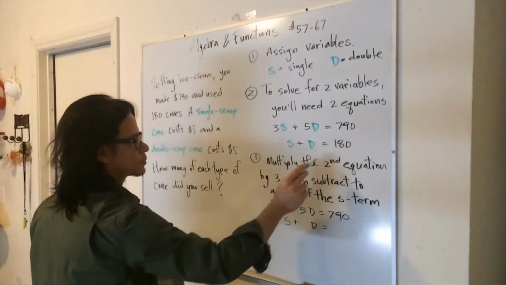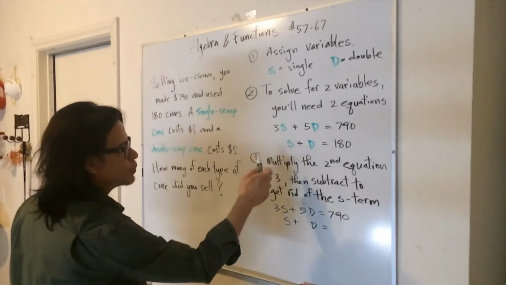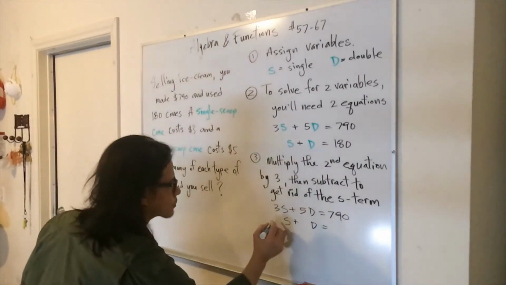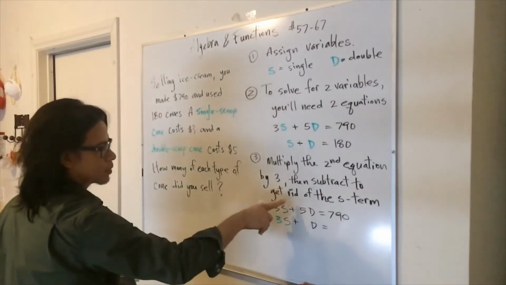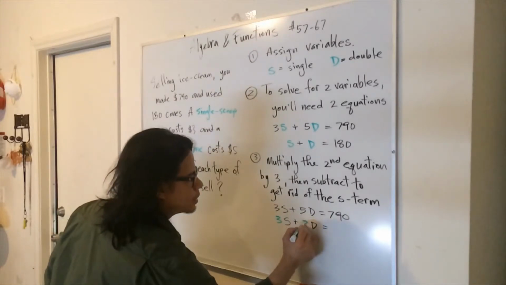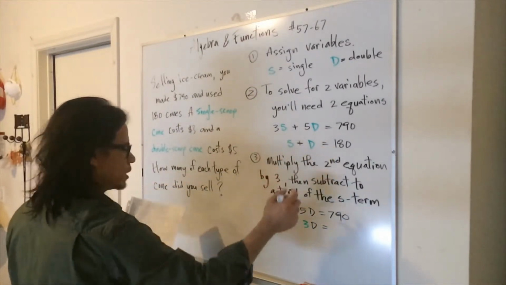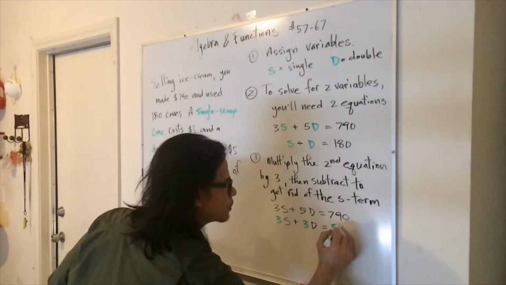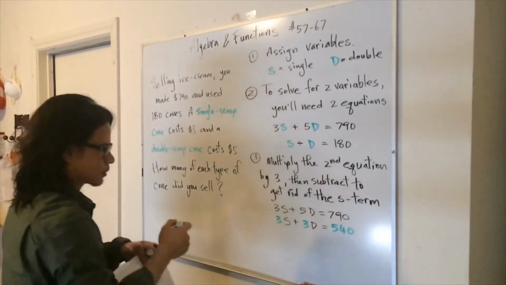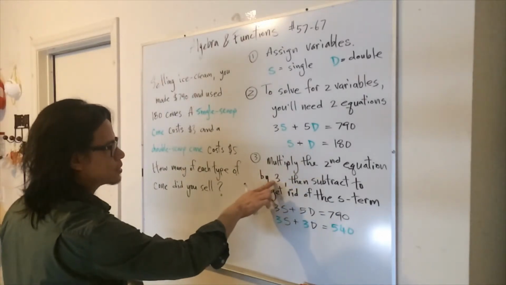Multiply this equation by 3, we get 3s. Multiply d by 3, we get 3d. Multiply 180 by 3, we get 540. Okay? So we've multiplied the second equation by 3.